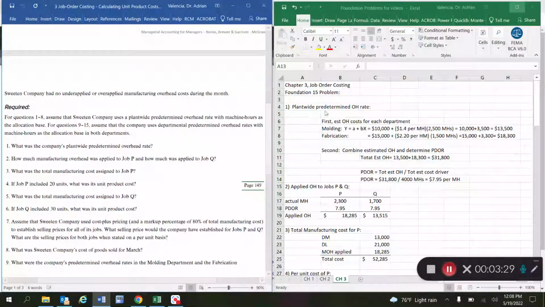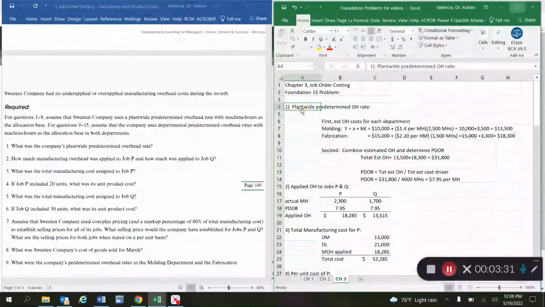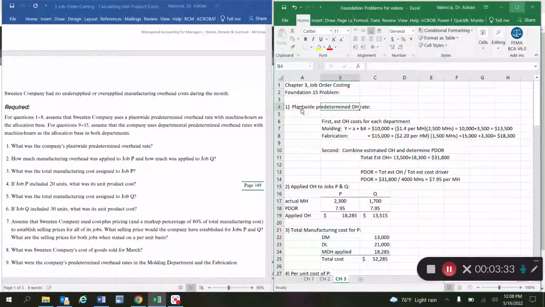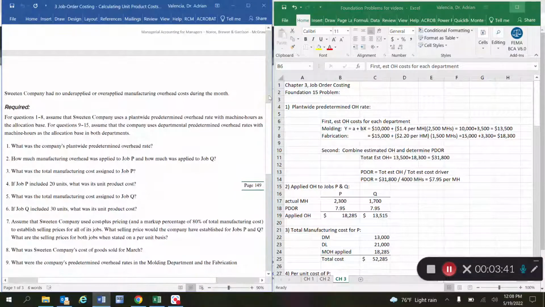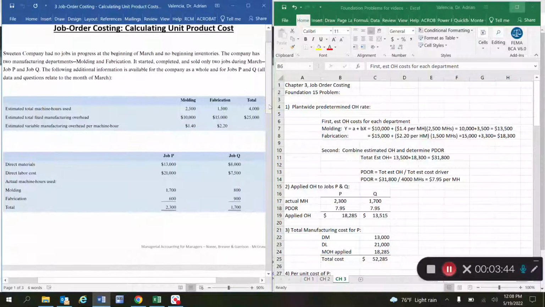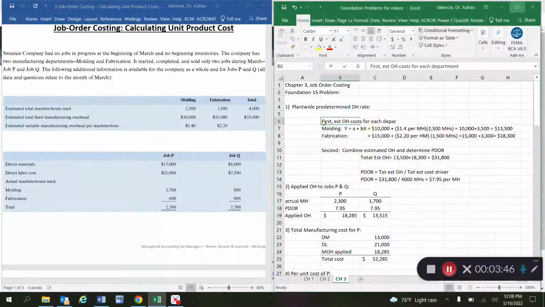Okay, so when we compute this, we need to have two steps. So to determine the plant-wide predetermined overhead rate, we first have to estimate the cost for each department. So let me scroll up here so we can see. And keep in mind, and this is really important, that these are estimated costs, because there's going to be a fine line between the estimation and the actual cost.